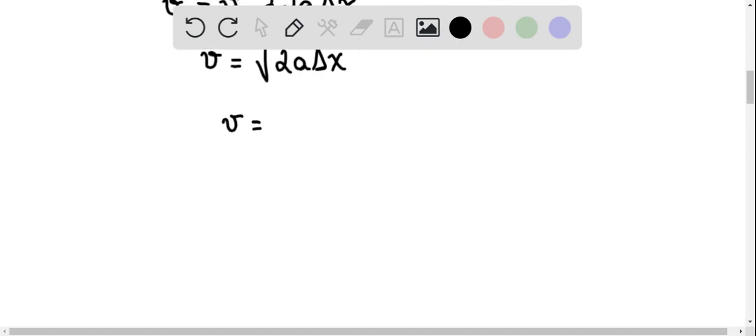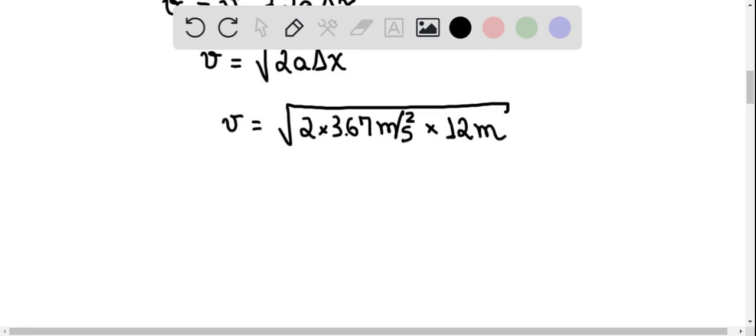Now the acceleration, as we found, in the x direction is equal to 3.67 meters per second squared, while delta x is 12 meters. Notice that both the acceleration and delta x are in the same direction. Okay, that's important. So v is equal to 9.39 meters per second. This is the final speed of the block.